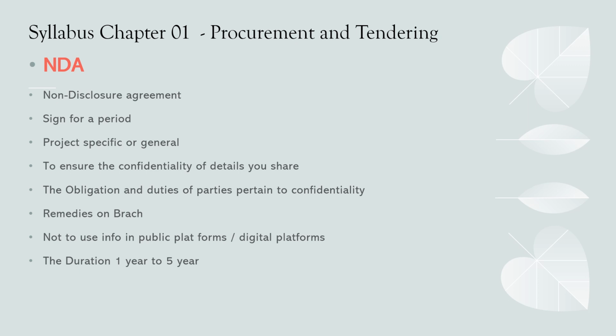The main purpose of NDA is to ensure the confidentiality of information, because by sending the tender document you are revealing your confidential information. Imagine you are constructing a prestigious villa, and you want to keep the information very secret.